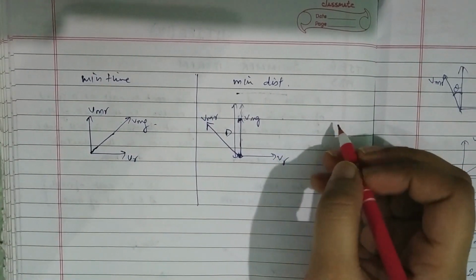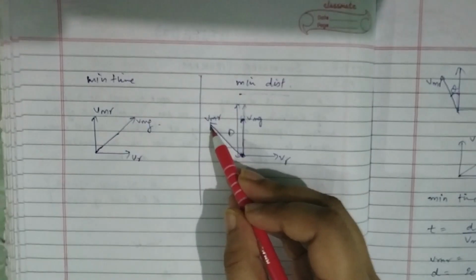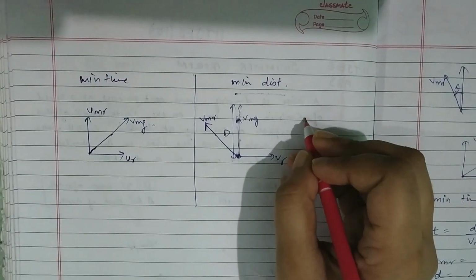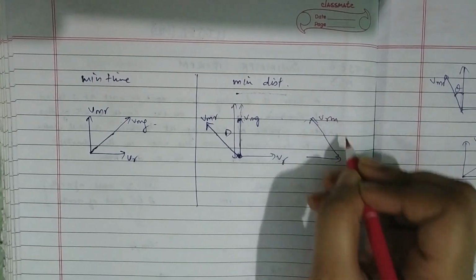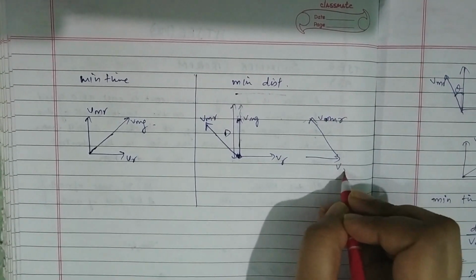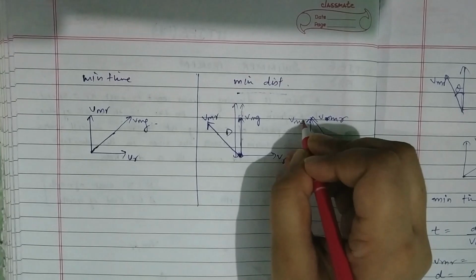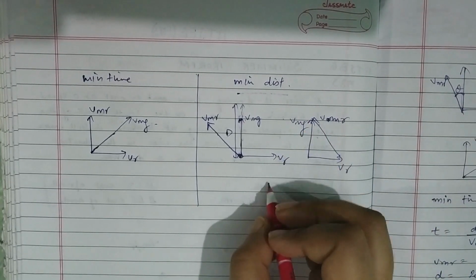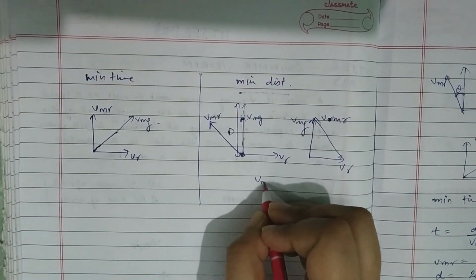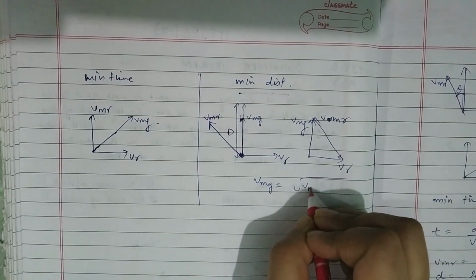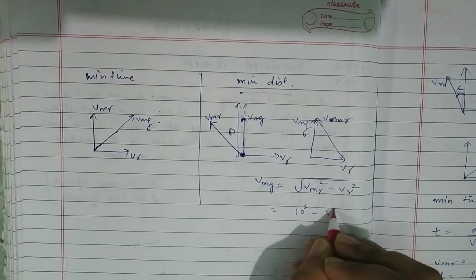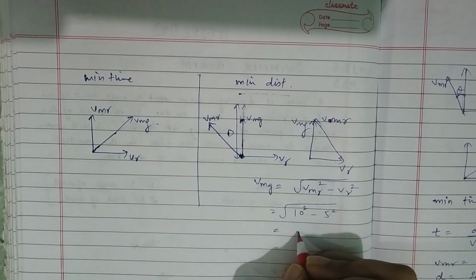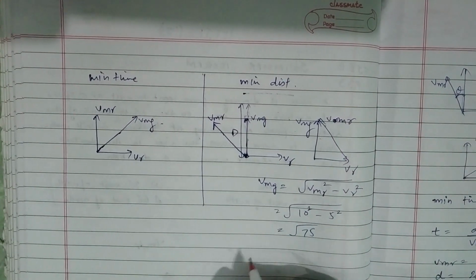If I translate this vector over here, this will just give me VMR, VR and VMG, right? If I use the Pythagoras theorem, VMG will be equal to root of VMR square minus VR square, which will give us root of 10 square minus 5 square, that is root 75, right?